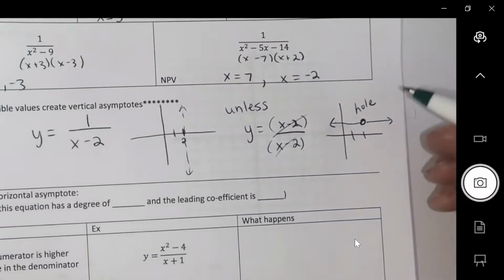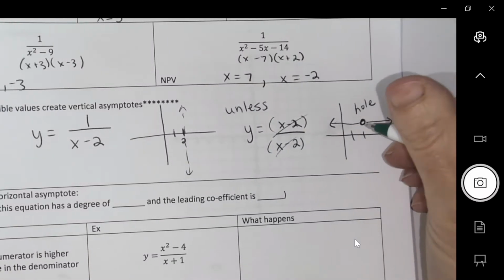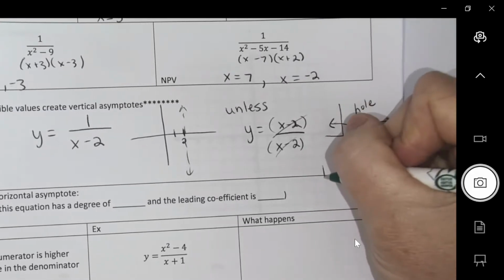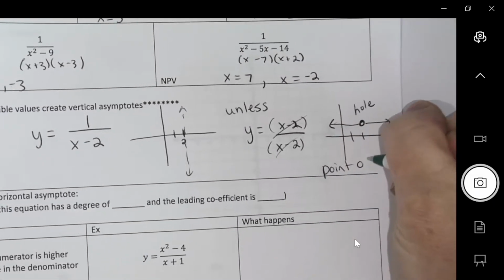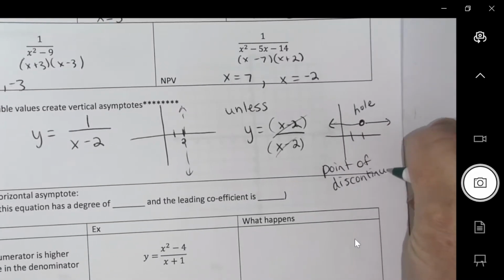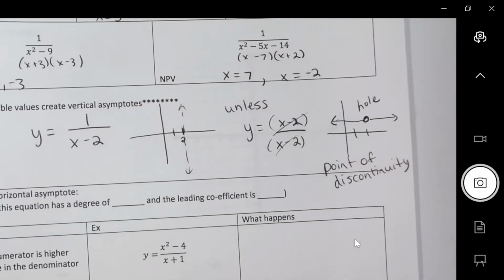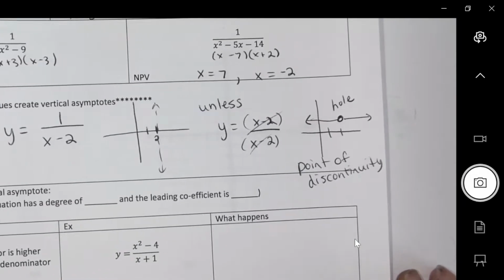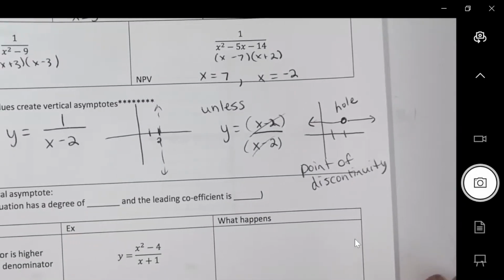Yeah. And you might see this written down with a fancy name. Point of discontinuity. If you're talking to me, you can use a hole, but when you read your provincial exam questions, you might see the language, a point of discontinuity.